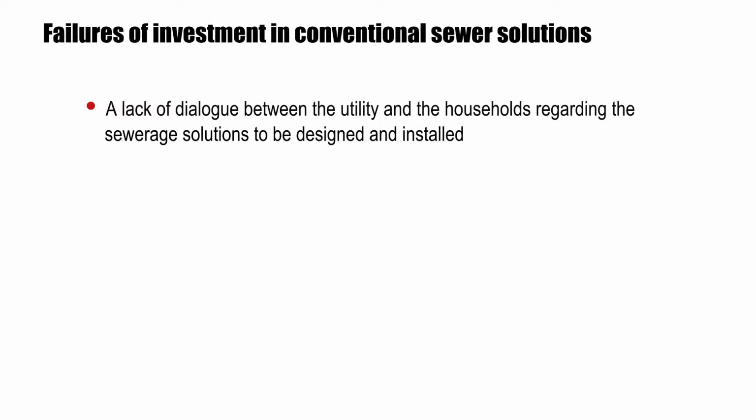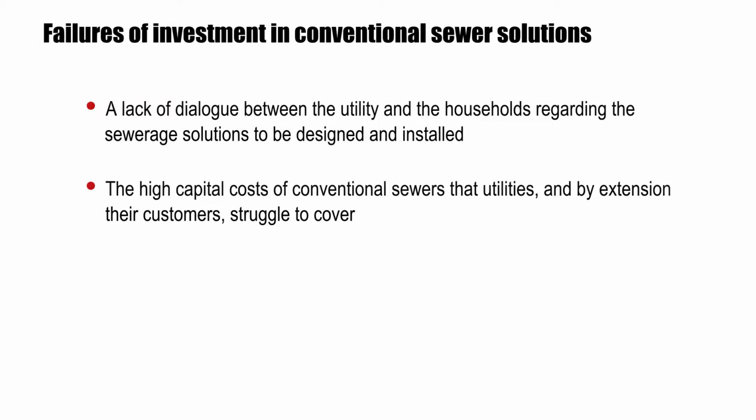Some of the major factors for this failure were a lack of dialogue between the utility and the household regarding the sewerage solutions to be designed and installed, and the high capital costs of conventional sewers that utilities, and by extension, their customers, had to cover.